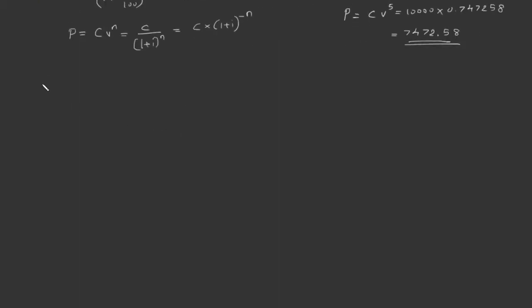Can you calculate the present value of rupees 1000 after 1 year at interest rate 10%? We know P is equal to C divided by (1 plus i) the whole raised to 1, that is equal to 1000 divided by 1.1, that is equal to 909.09.